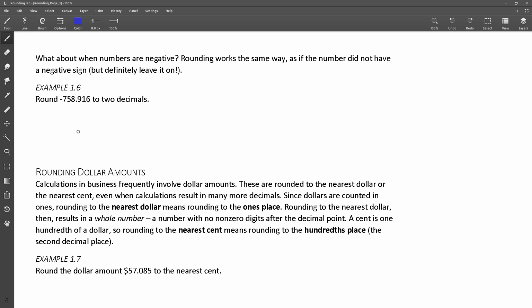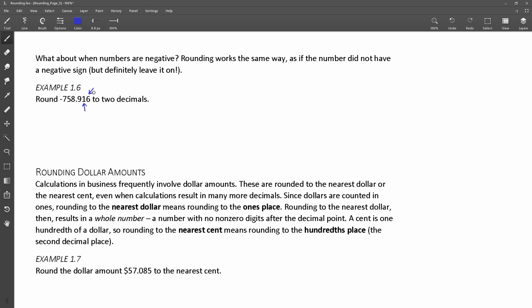So let's take a look at example 1.6. Example 1.6 says round negative 758.916 to 2 decimals. So the round digit, when you're talking about 2 decimals, is the second decimal place. In this case, that's a 1. Step 1 of our algorithm says look to the digit to the right.